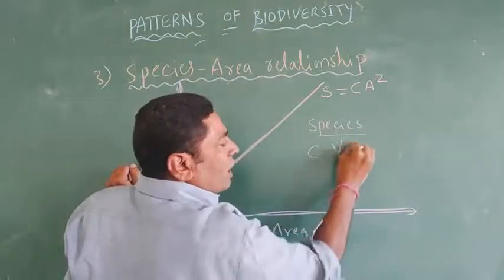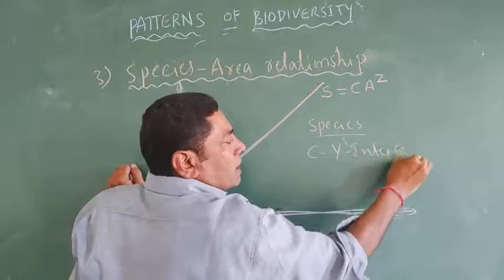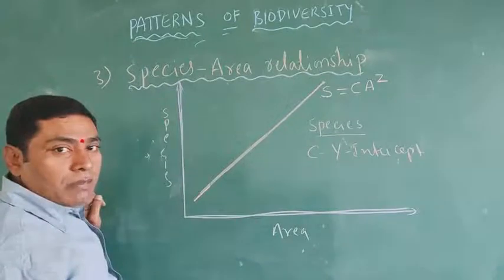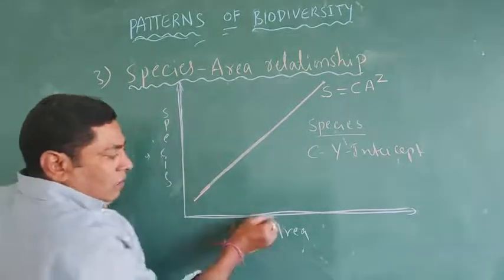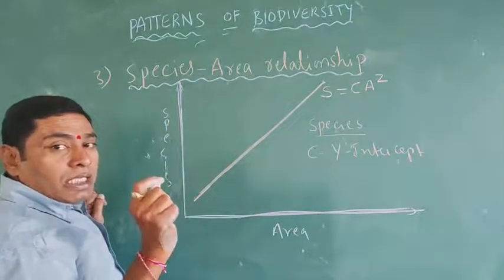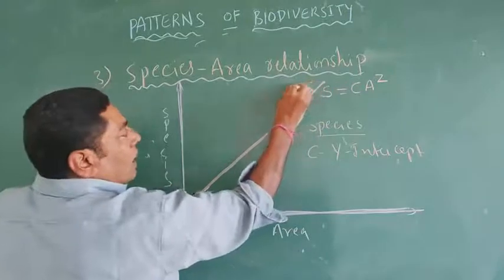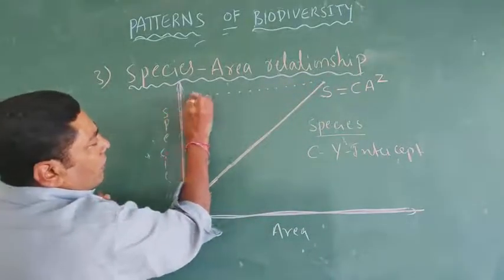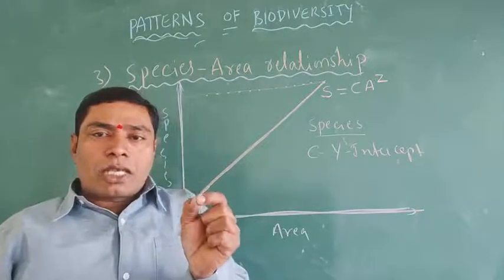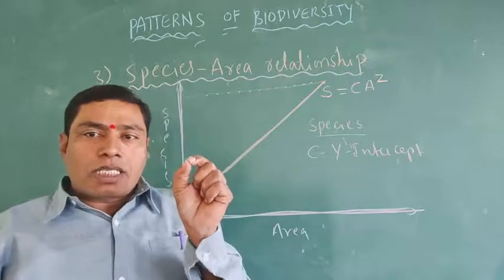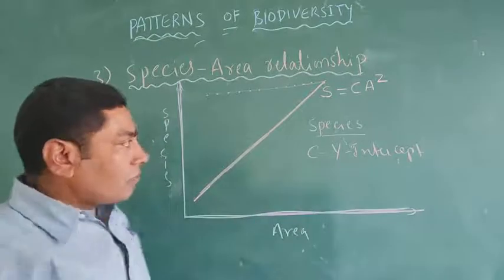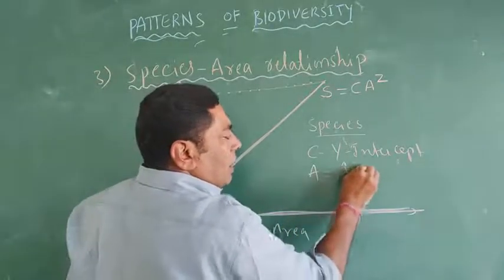The y-intercept means the maximum increase of the species. When the area increases, the speciation increases up to a maximum level, so it is known as the y-intercept. The y-intercept indicates the maximum growth of speciation, or the maximum species richness, indicated by C. A means area.